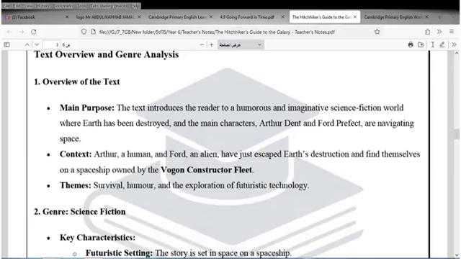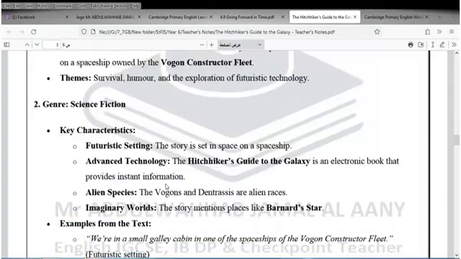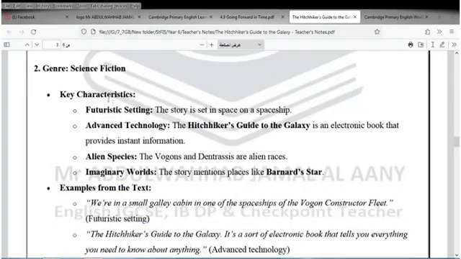The theme is to survive, to be humorous in stressful atmospheres, to explore the futuristic technology. Science is science, genre is science fiction, of course. Key characteristics, as we said, we have futuristic setting, we have advanced technology, we have alien species, and we have imaginary worlds.